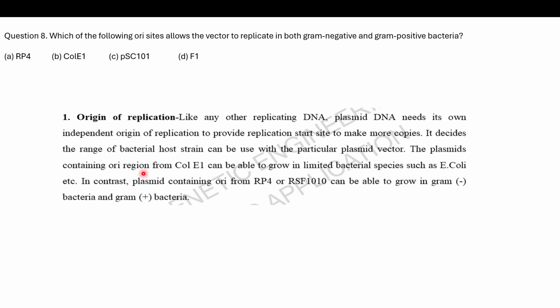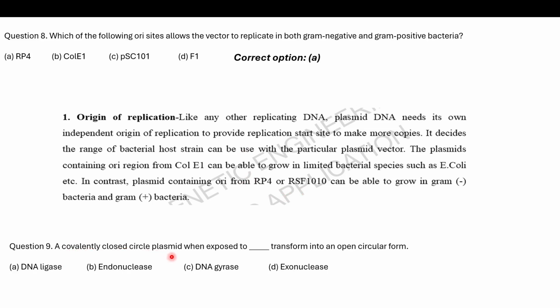Plasmids containing origin of replication from ColE1 are able to grow in limited bacterial species like E. coli, which is gram negative, whereas plasmids containing origin from RP4 or RSF1010 are able to grow in both gram-positive and gram-negative bacteria. So the answer is directly here. Answer is option A, RP4. This one.